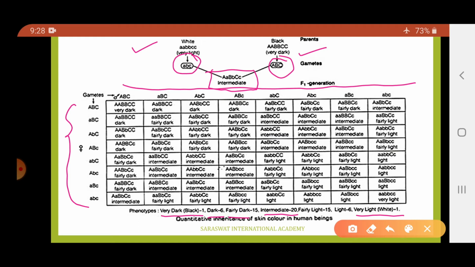Then there is the light condition, which means 5 recessive genes and 1 dominant gene, and fairly light means 4 recessive genes and 2 dominant genes. So basically the number of dominant genes will decide the shade of the skin color, right?